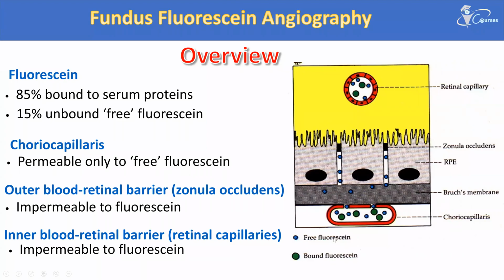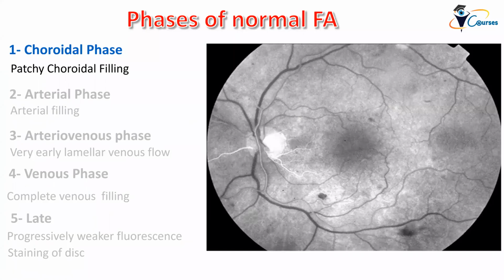So what are the phases of the fundus fluorescein angiography? This is the pathway of the fluorescein, starting with the choroidal phase. Once the injection is done, there is a time from the injection until the fluorescein first appears in the fundus through the choroidal phase.